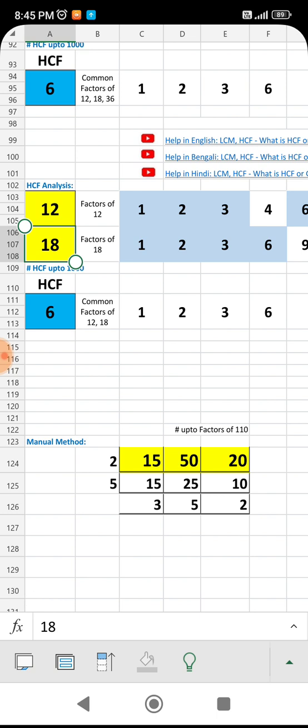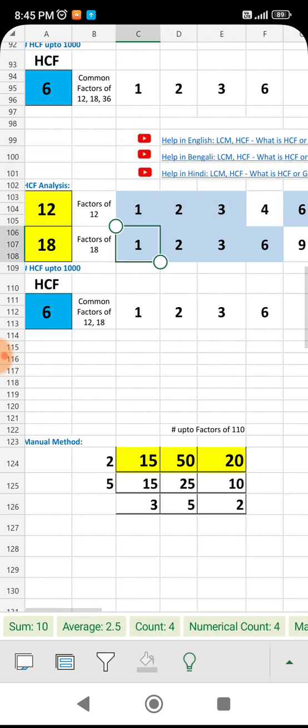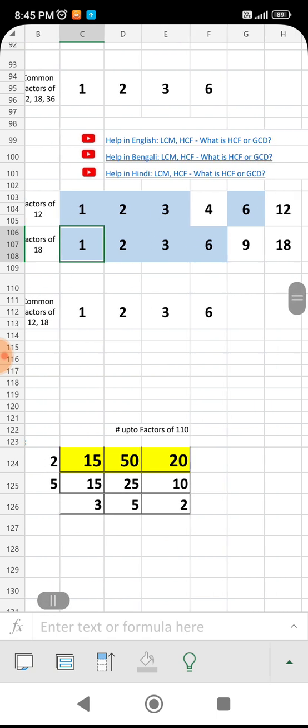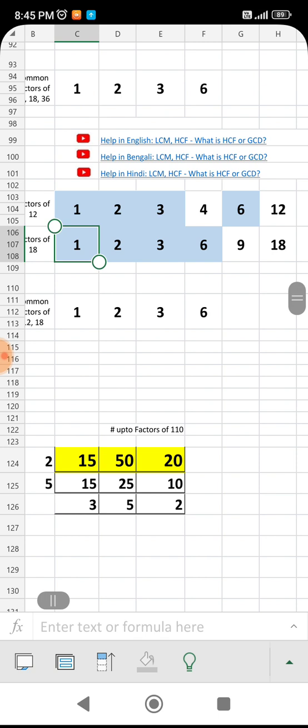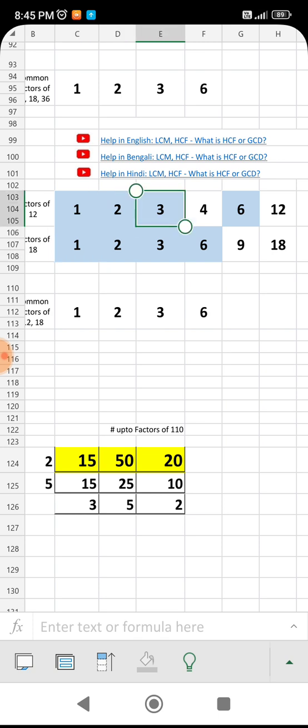Then we have to find common factors. Common factors means the numbers which exist here as well as here. I have the color here, so I can identify very easily, but in your copy it is not colored, so you have to find out yourself. 1 is common, 2 is common, 3 is common, 6 is common.